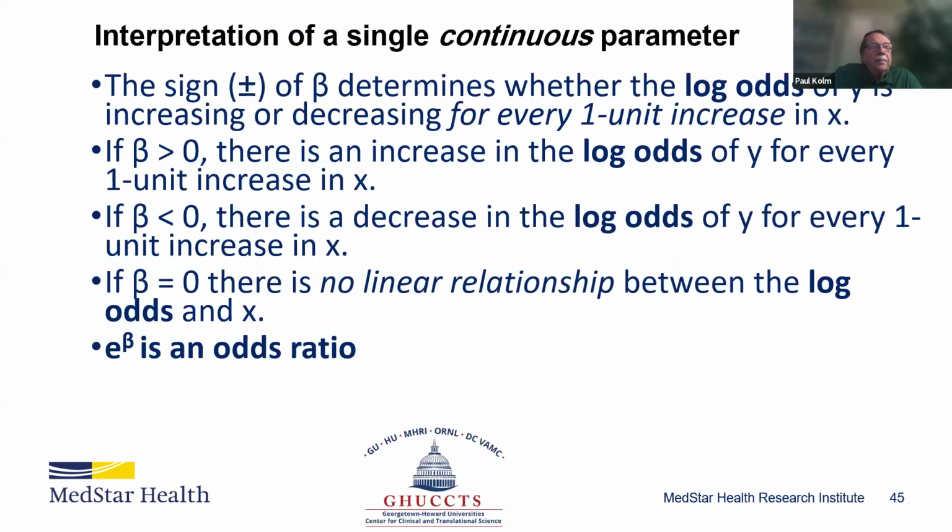If the regression coefficient beta is 0, then we have no linear relationship between the log odds and our predictor variable. And then, as you remember from studying logistic regression, if we exponentiate the regression coefficients, the betas, then we get the odds ratio.